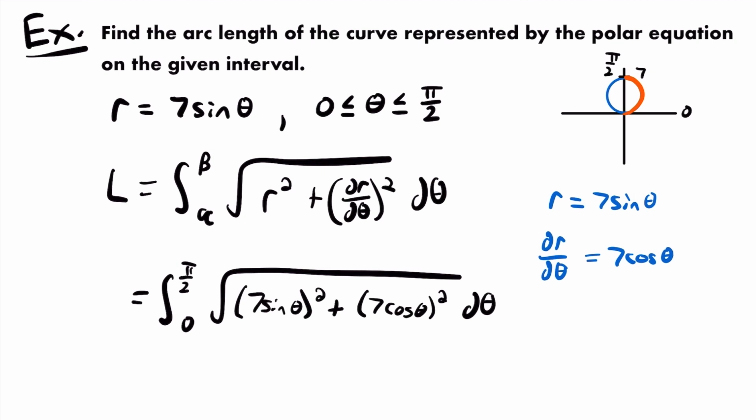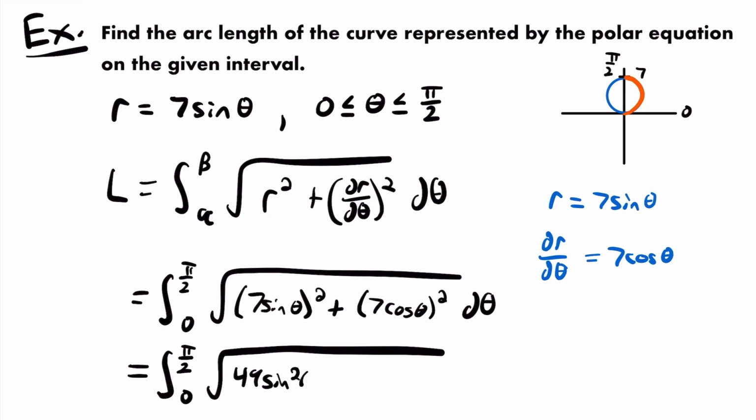All right, so now if we square both of these terms, this will be equal to the integral from 0 to pi divided by 2 of the square root of 49 times sine squared theta plus 49 times cosine squared theta d theta, right? 7 squared is 49, sine theta squared is sine squared theta, and cosine theta squared is cosine squared theta.